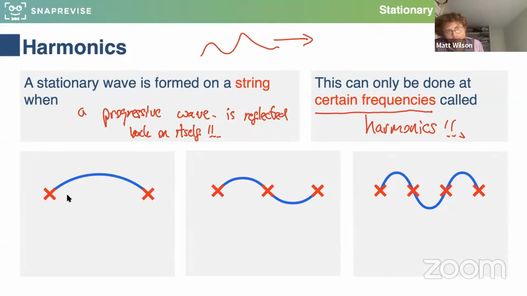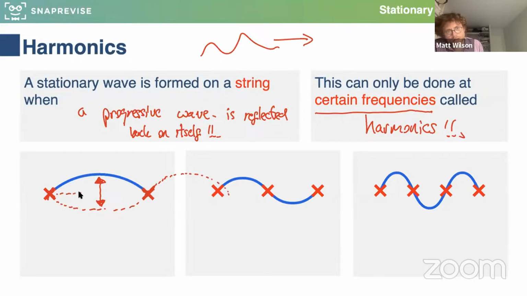So, okay, let's imagine I have my piece of string and it's fixed on two ends, this end here and this end here. Essentially, the biggest stationary wave I could fit on it is where this entire piece of string is moving up and down together, all coherently. Every point, if you like, is in phase at all times. Now, if you look at this picture, it doesn't look much like a wave. In fact, it looks like about half a wave.